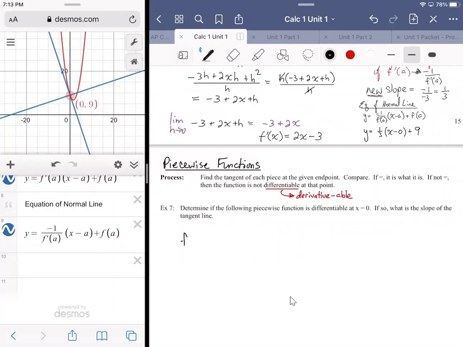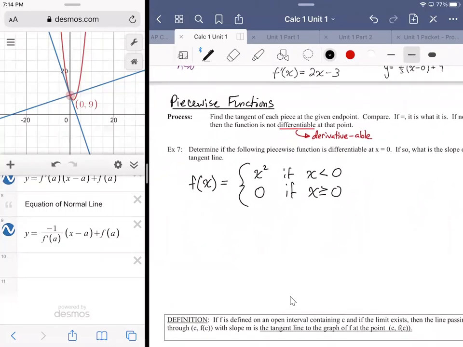So let's say we have f of x is equal to x squared if x is less than 0, and 0 if x is greater than or equal to 0. Yeah, that'll work.